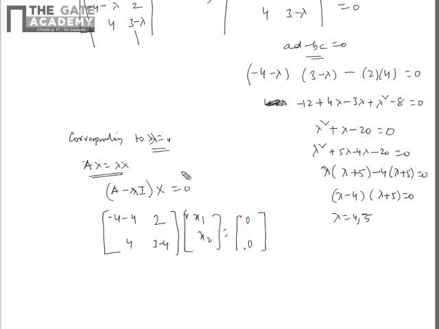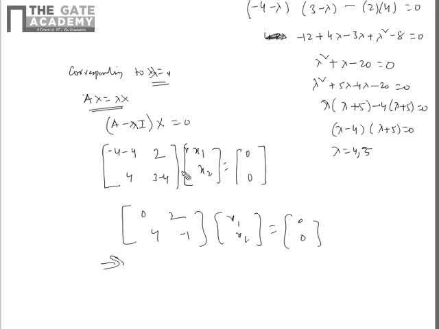So now this will be basically your 0, 2, 4, minus 1, times h1 h2, equal to 0, 0. So this will give rise to 2h2 is equal to 0 and 4h1 minus h2 is equal to 0.